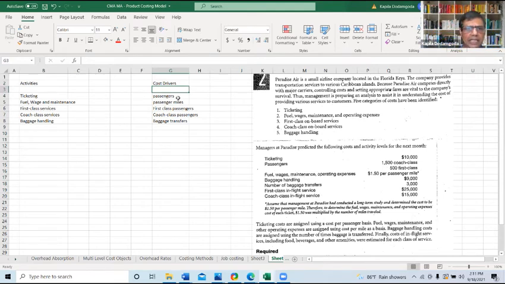And then, if you go through the details, the managers at this company have predicted the following costs and activities. Ticketing related cost is 10,000. So now we can note it down. Cost, let us say in dollars. Ticketing related cost is 10,000.